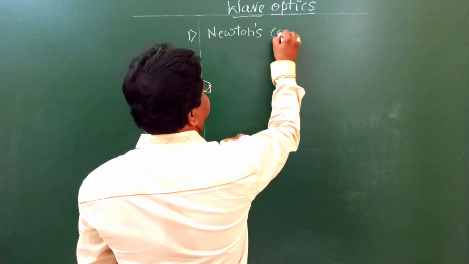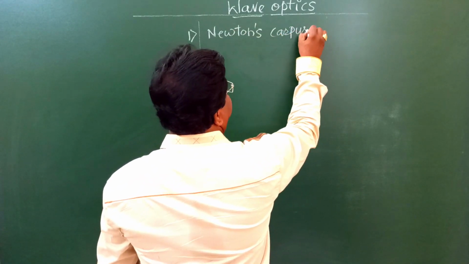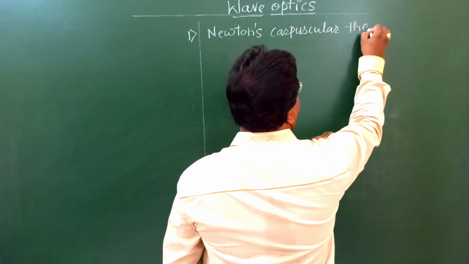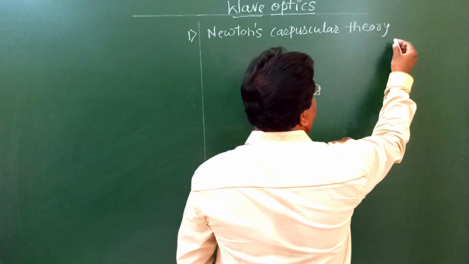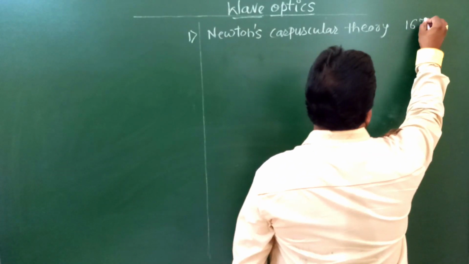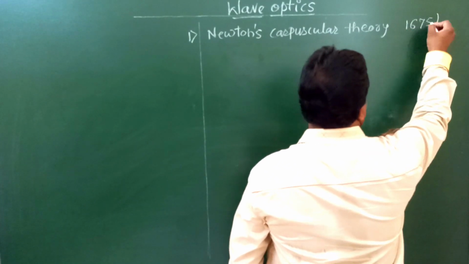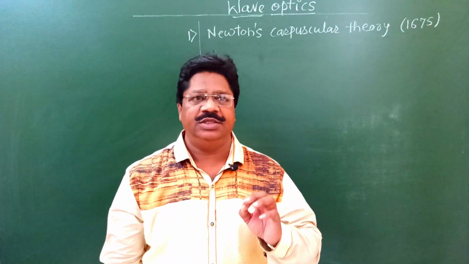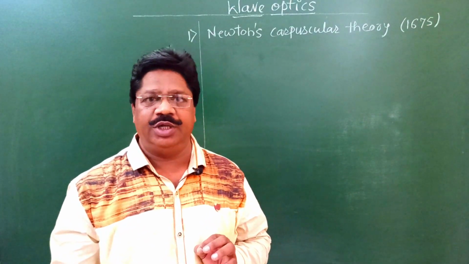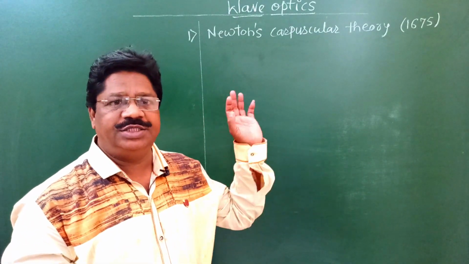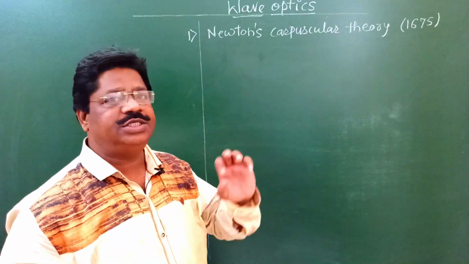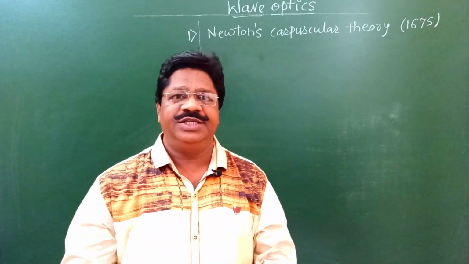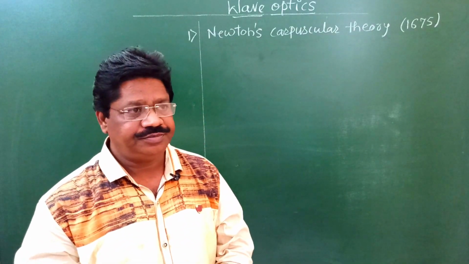Newton's corpuscular theory in 1675. The first theory was given by the well-known scientist Newton, and it is called Newton's corpuscular theory, in the 17th century, 1675.